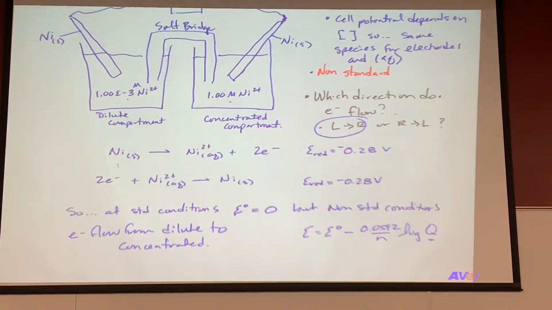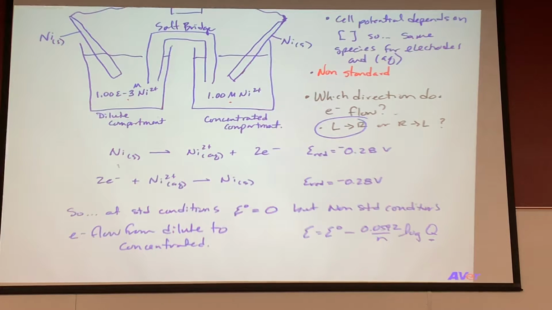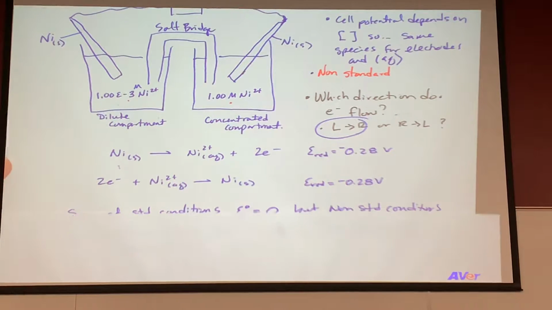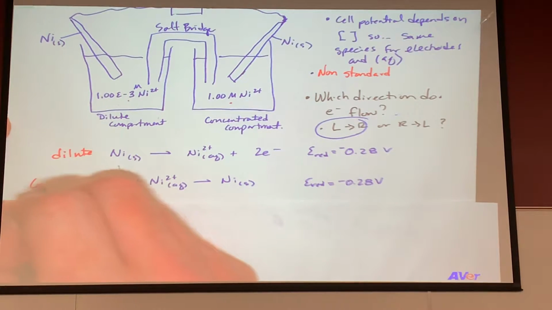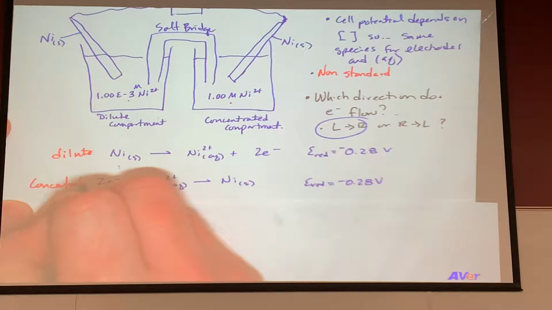So before I go to the solution, what's the value for the E, any questions about just this bit? Not right now. Okay. So that means, I'll put this in red, this is going to be dilute. This is going to be concentrated.